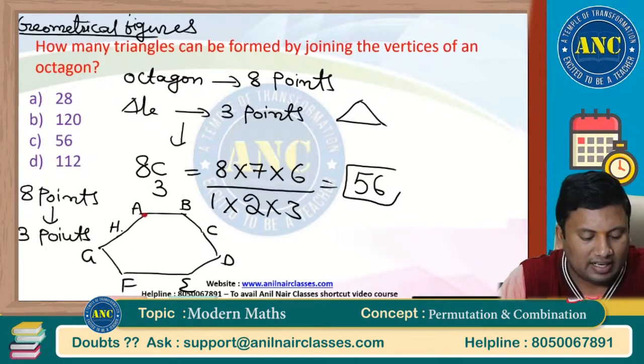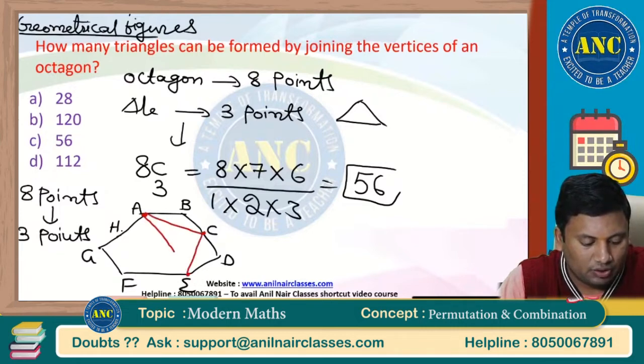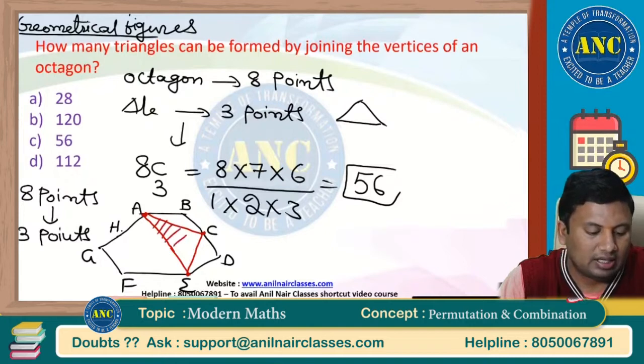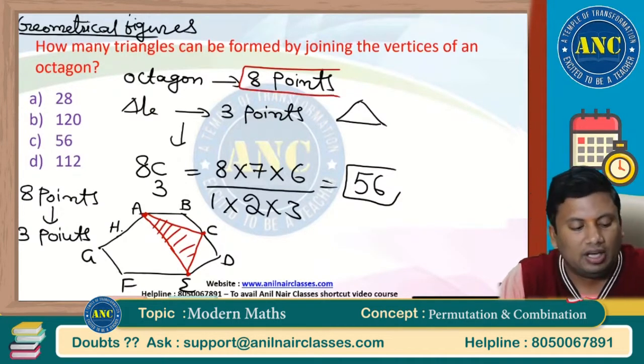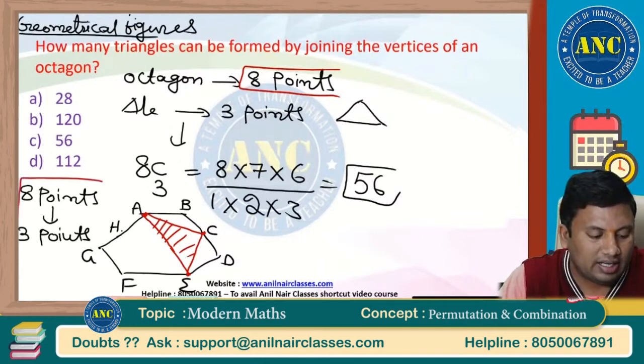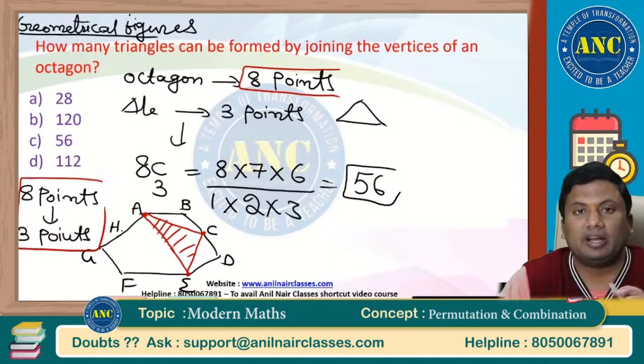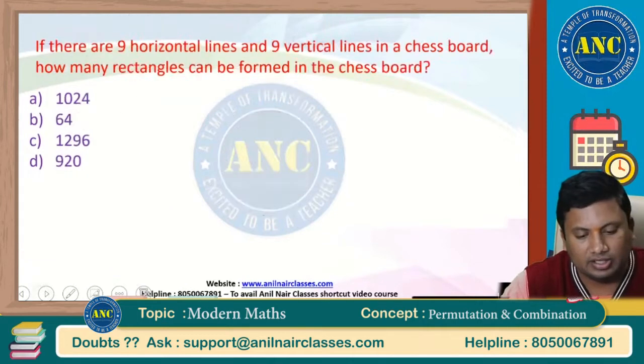Suppose if I select A to C, C to E, E to A, this is nothing but a triangle. Out of 8 points, I need to select any 3. Answer is nothing but 8C3. Idea clear, right? Next one.